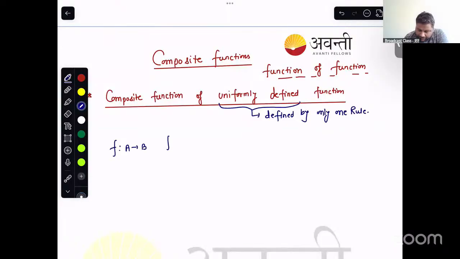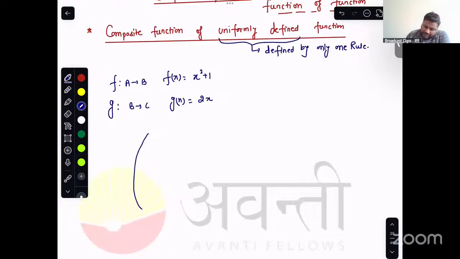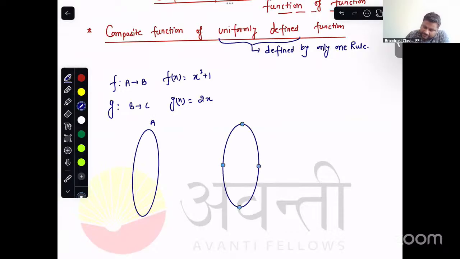a to b, that is f(x) is x square plus 1. And there is a function g defined from b to c, that is g(x) is equal to 2x. Got it? So what is happening? Say this is set A, set B. Now A to B function f is defined.